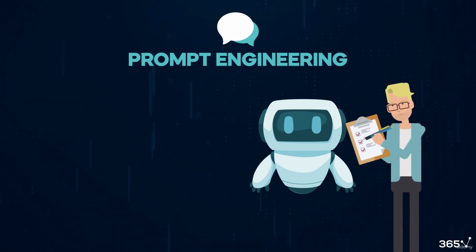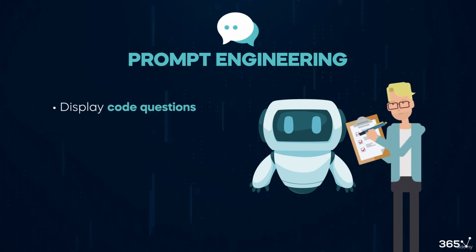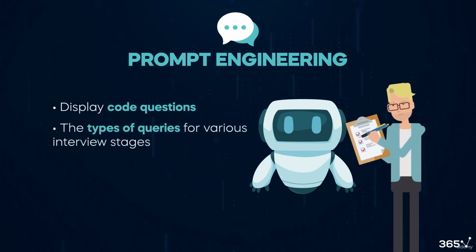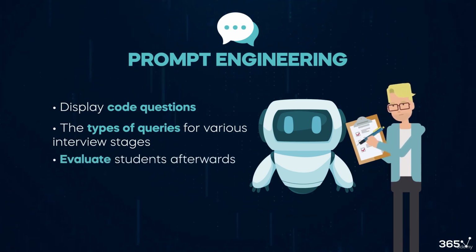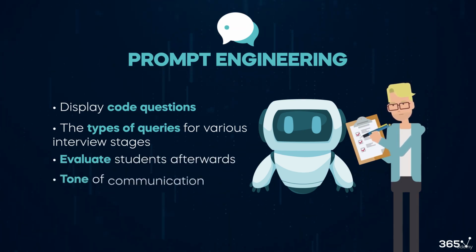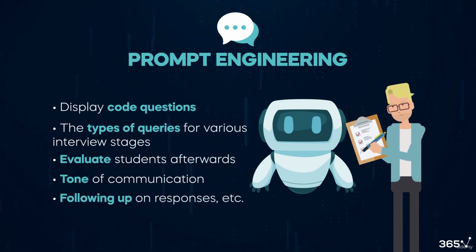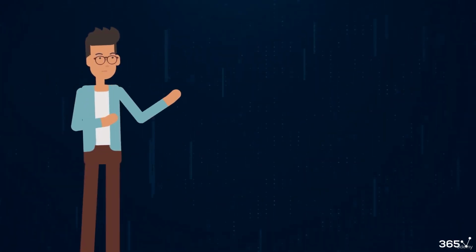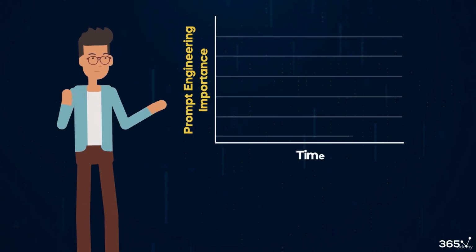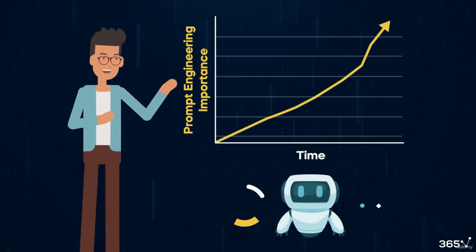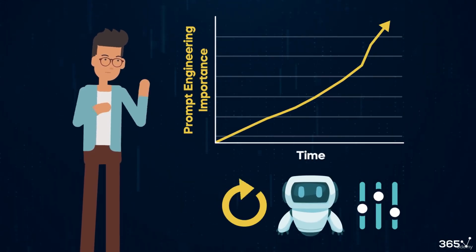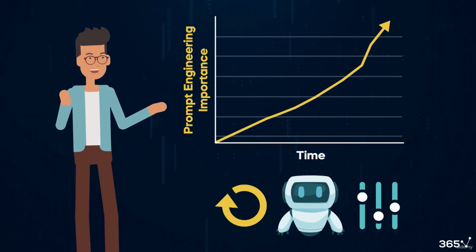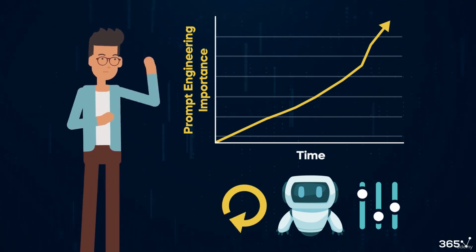We had to instruct the model on displaying code questions, the types of queries for various interview stages, evaluating students afterward, the communication tone, following up on responses, and other aspects. This project indeed showed us the rising importance of prompt engineering skills and the multiple back-and-forth iterations necessary to build an AI product that behaves as expected.